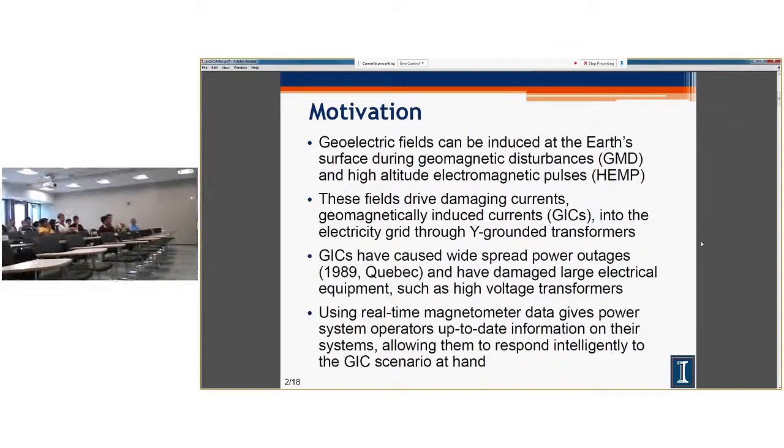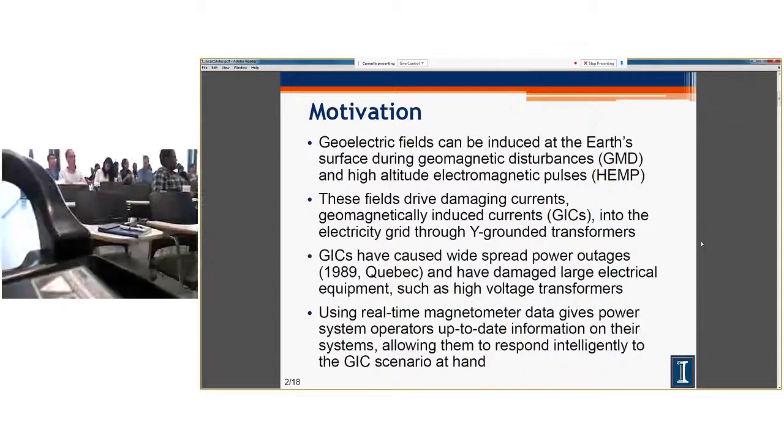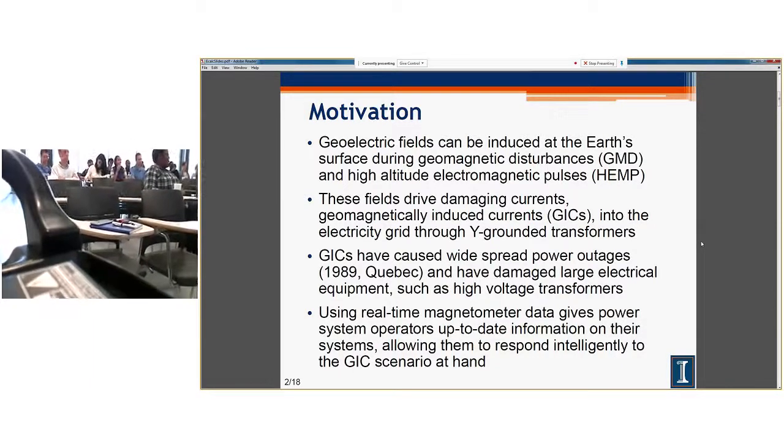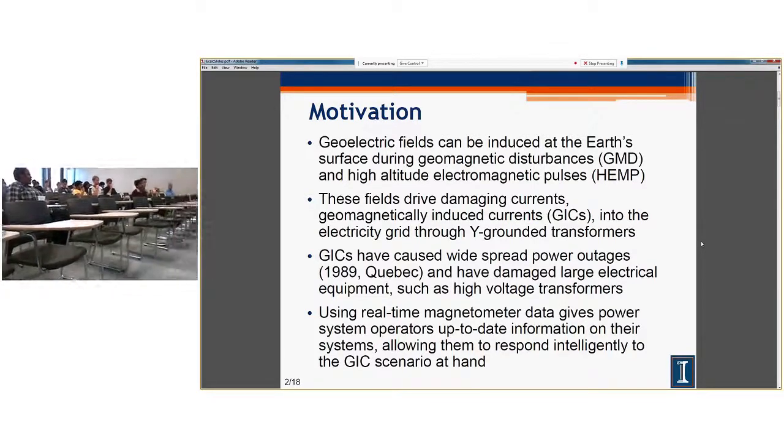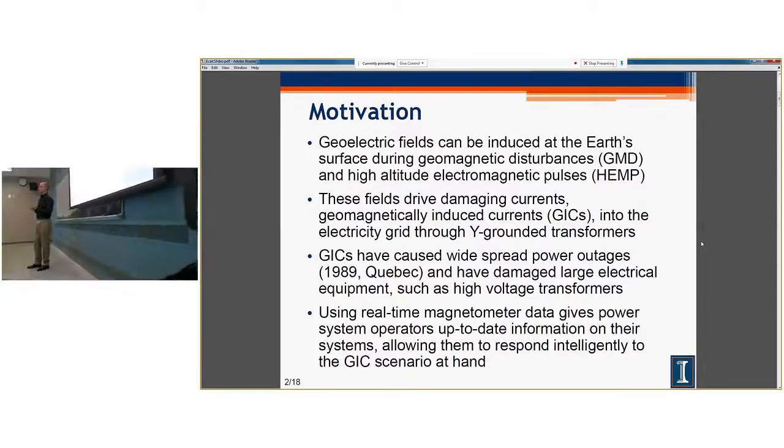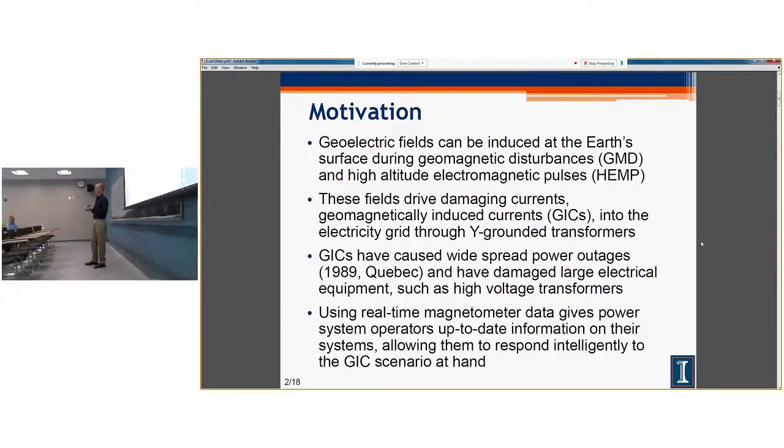Yeah, so there's a few different ways to stop this current from entering into the grid. One of those ways is to put an impedance in line of the transformer grounding. So the most popular way that's kind of coming out to be what's the best way, what people are saying, is to put a capacitor in there. It allows a certain current to flow and not another certain type of current to flow. And so it's really good for the grid. So it allows the AC to flow and not the DC to get through, because a DC capacitor in series blocks it, right?